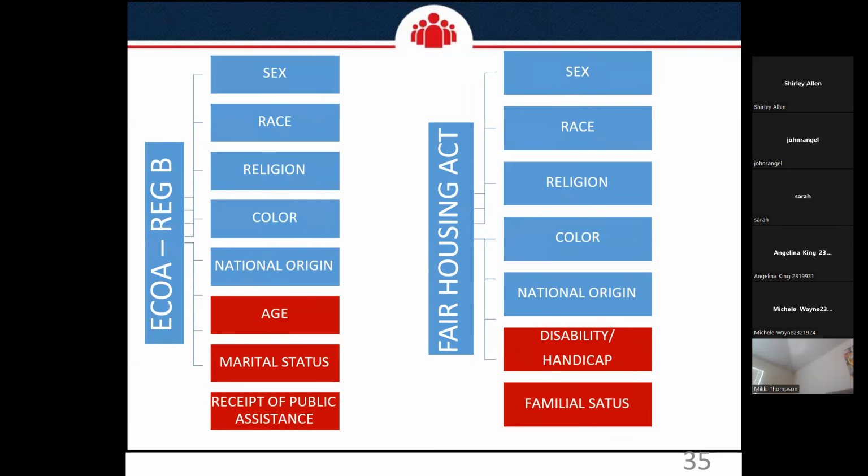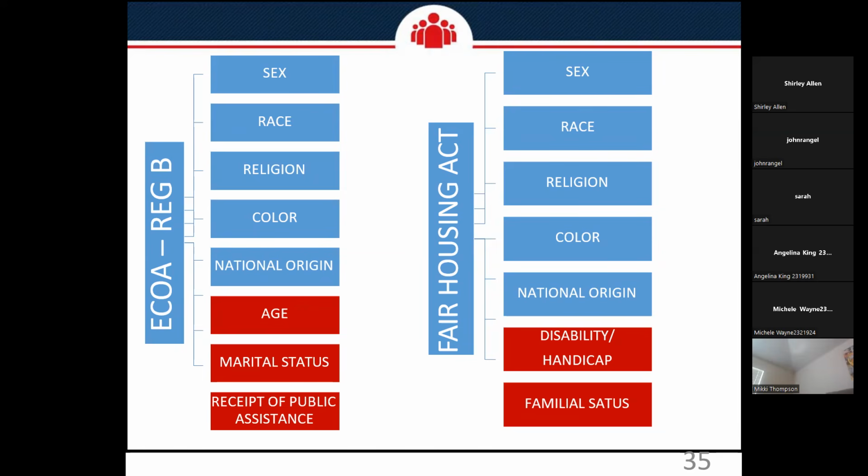I want to take a quick look at these charts. That will give you information on how to remember certain things. ECOA is Regulation B. The lenders have to be equal. It deals with sex, race, religion, color, national origin, age, marital status, and receipt of public assistance.